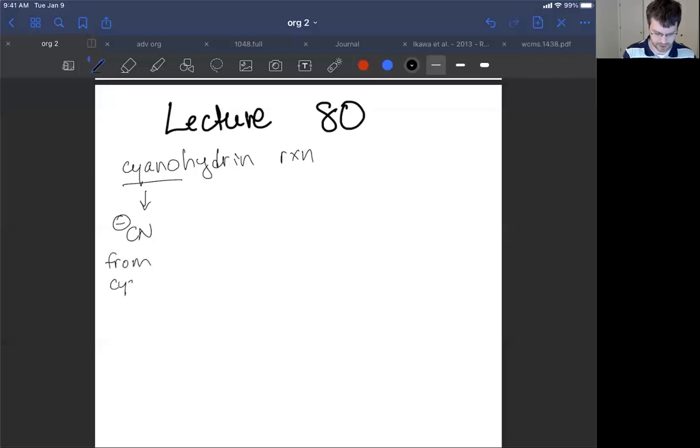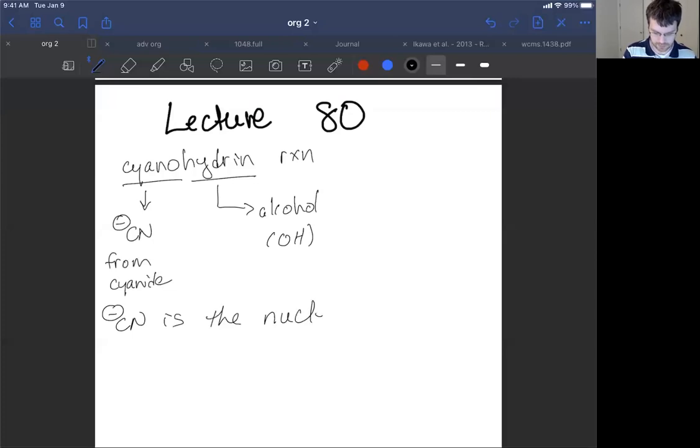So from cyanide, which is CN minus, you add that to a carbonyl to get an alcohol, which is sort of implied by the suffix of the term hydrin, alcohol or OH. So cyanohydrin reaction. All we're doing here is taking cyanide and letting cyanide be the nucleophile, adding to carbonyls.